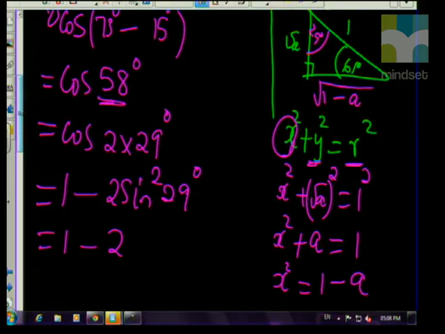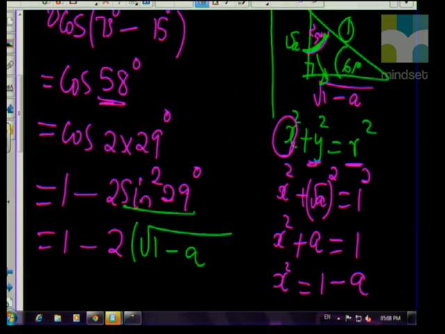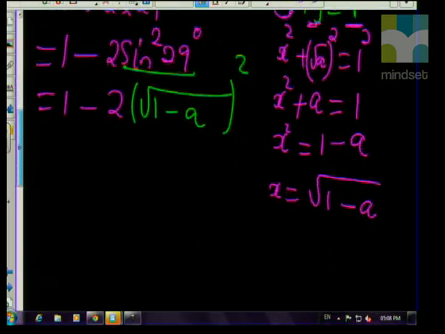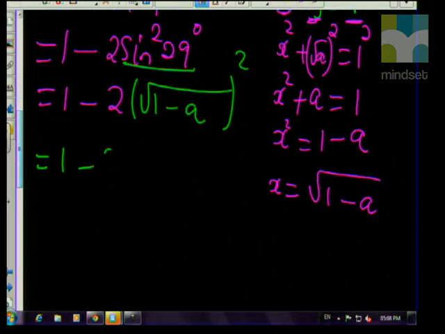Now, come to your triangle. Where is 29? This is where 29 is, all right? So if I have the 29 here, the opposite is this. I'm dealing with sine, and the hypotenuse will be that one, okay? So the opposite will be the square root of 1 minus a, and then that is squared, okay? So you've got 1 minus 2, bracket again, let's simplify that.